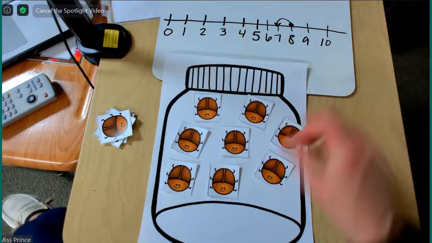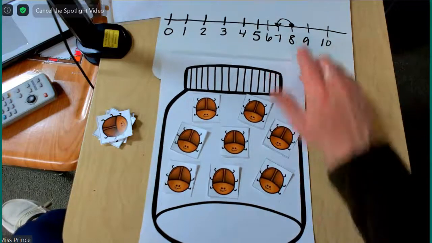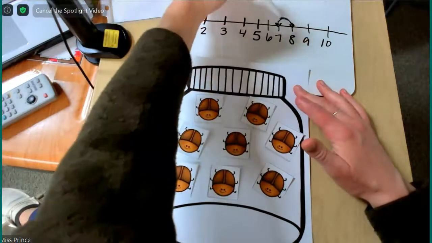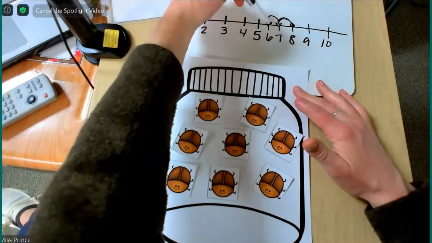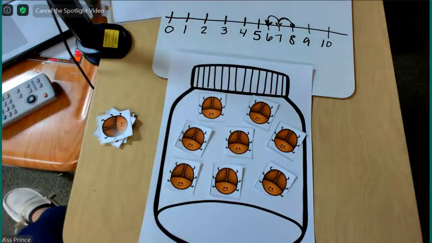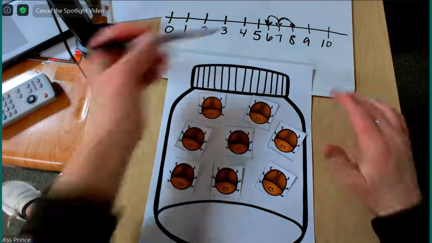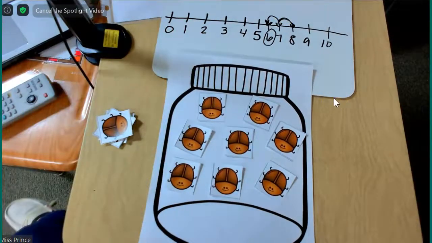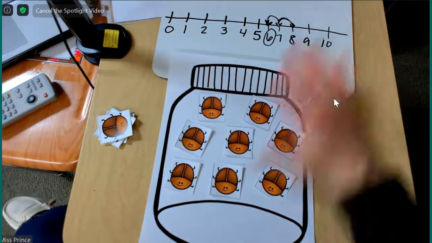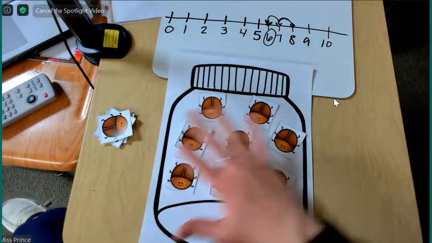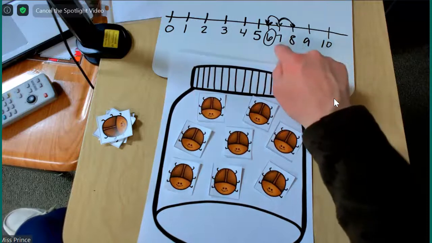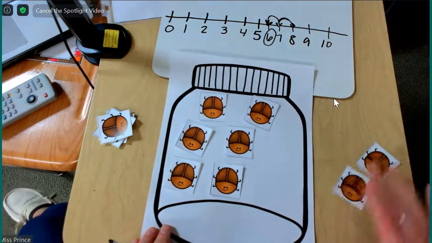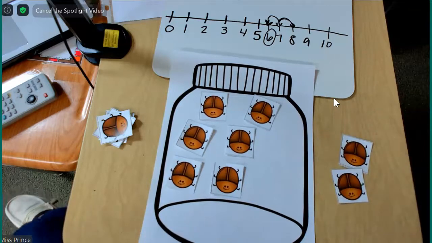Now I want to show 2 fewer. So I'm going to go back to 8, just like there. But now I'm going to show 2 fewer. 1, 2. Angela, where am I at now? Angela, can you hear me? So I'm starting with 8, but now I'm going to go 2 fewer. 1, 2 fewer. Say it really loud.